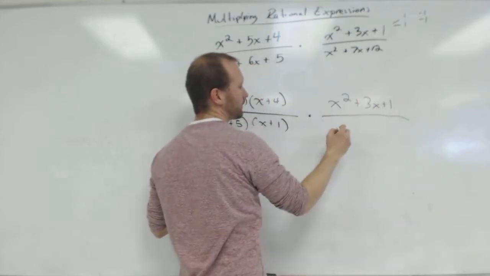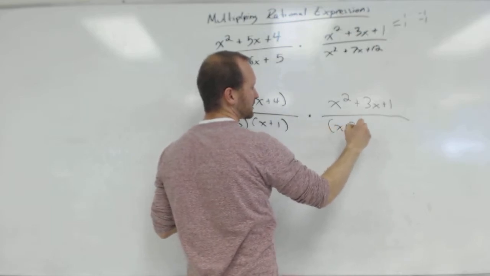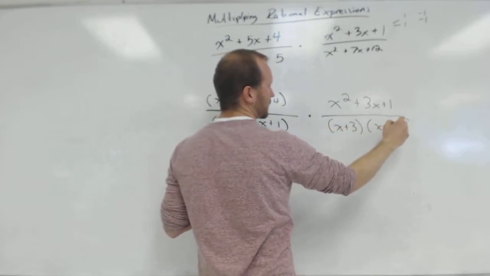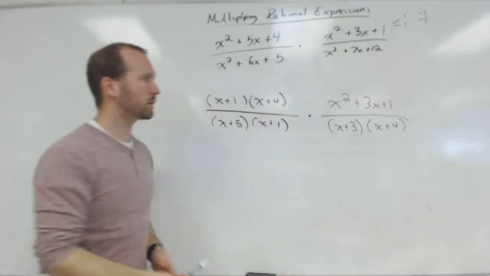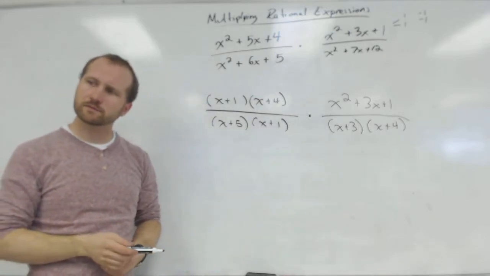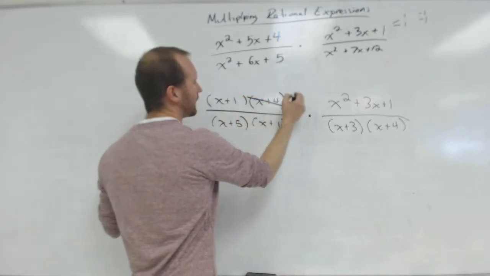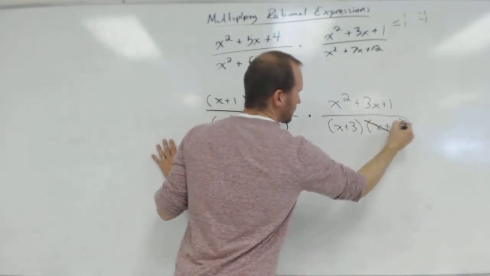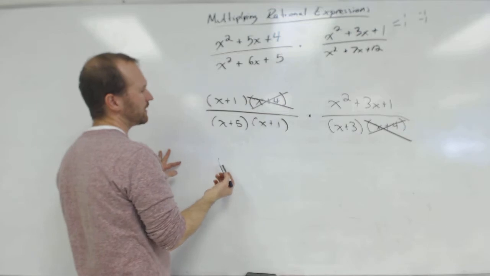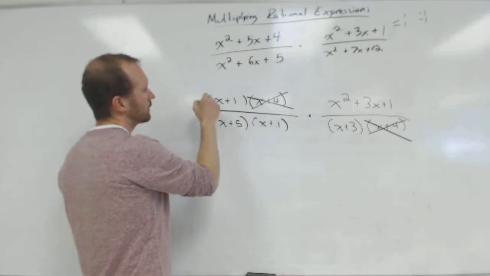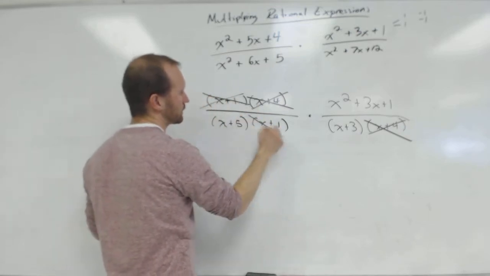And then this one, x plus 3, x plus 4. What am I going to do next? You can cancel the x plus 4s. Okay, so I can cancel the x plus 4s. These are up top and down bottom. And I can cancel the x plus 1s.